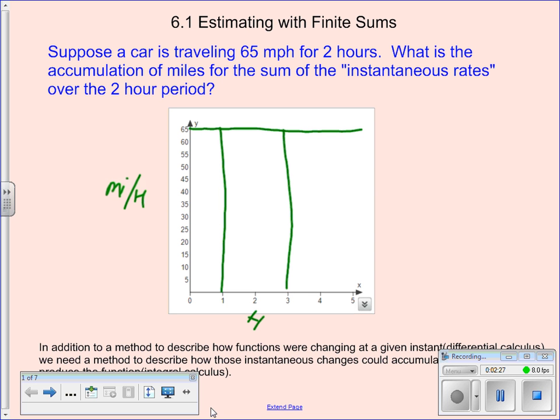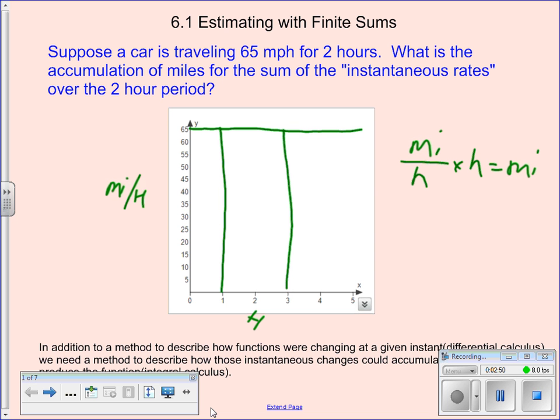What happens when I multiply miles per hour times hour? You get miles. So if I multiply the units on this side times the units on that side, I get the units of miles, the distance traveled, right?